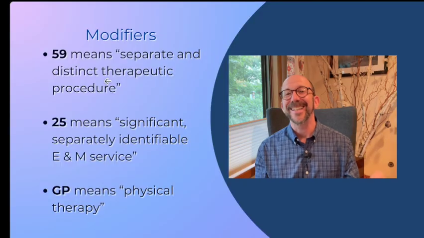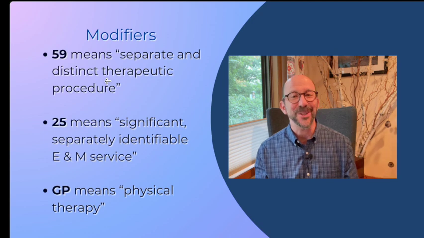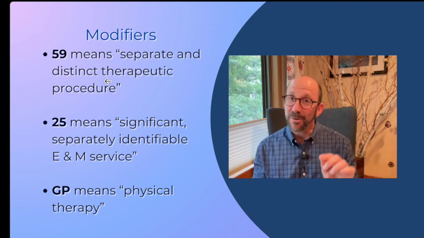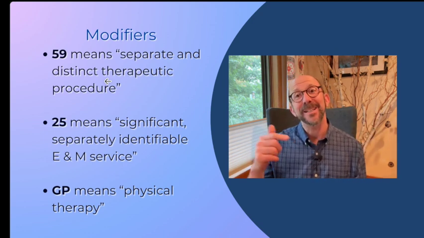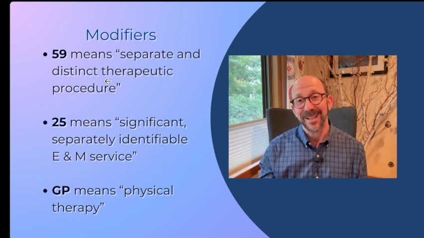So if patient comes in and I check in and make sure there's no new contraindications and work out their shoulder and then adjust their neck, and I want to say 97140 for the shoulder and 98940 for the neck, that 97140 has to have the 59 modifier on it to tell the insurance company that that was a separate and distinct therapeutic procedure not normally included in the 98940 code.